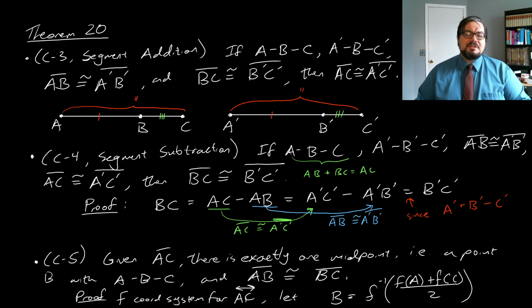It turns out that segments are simple enough by themselves that we can understand them very, very well pretty quickly. It's once we start moving on to more complex figures involving angles and triangles and such that we're really going to see the power of a lot of these theorems that we've worked on today.